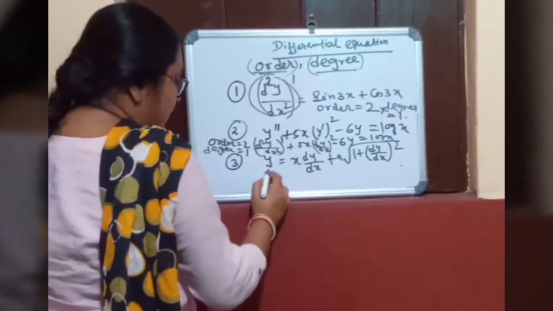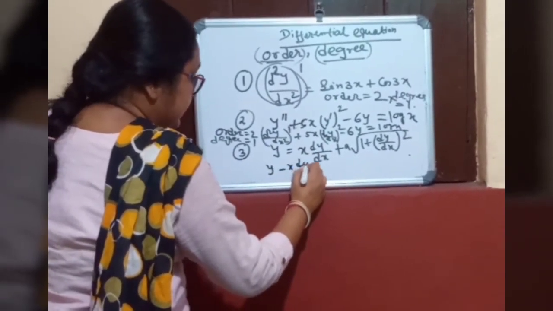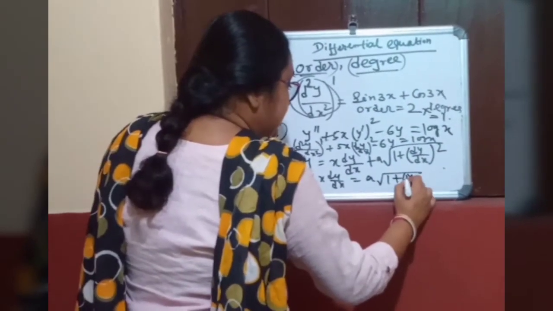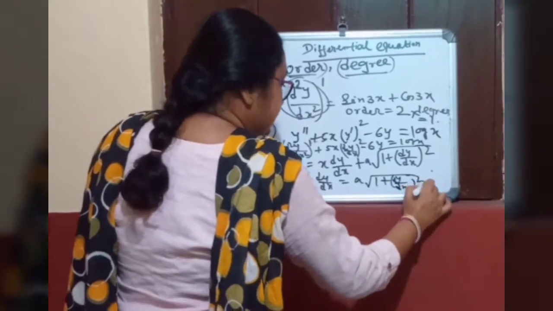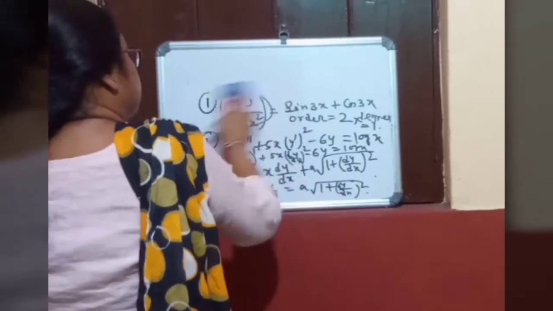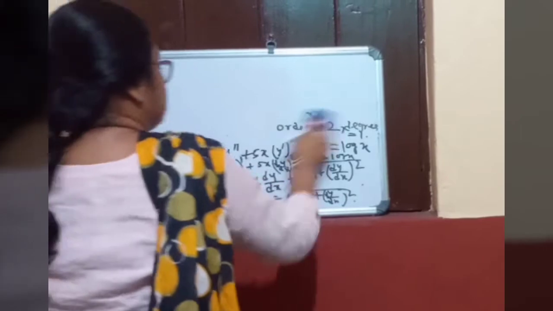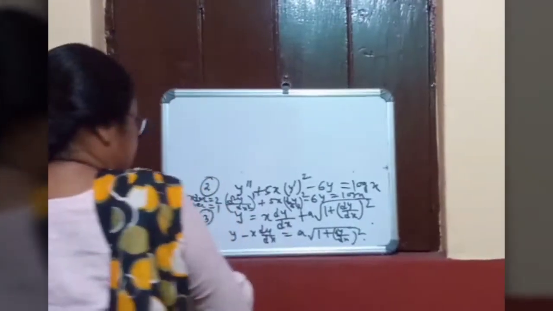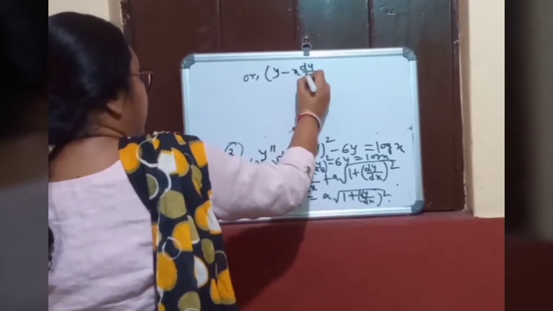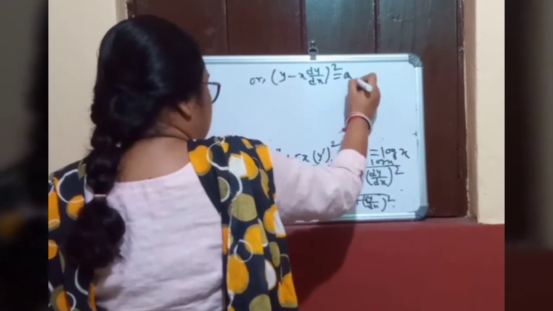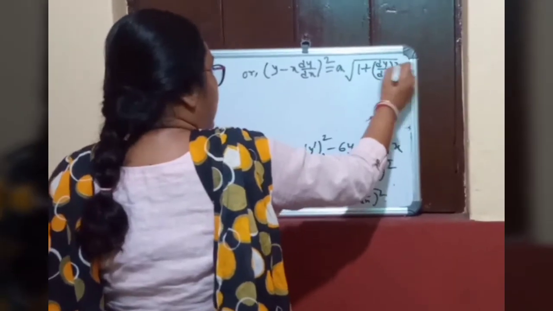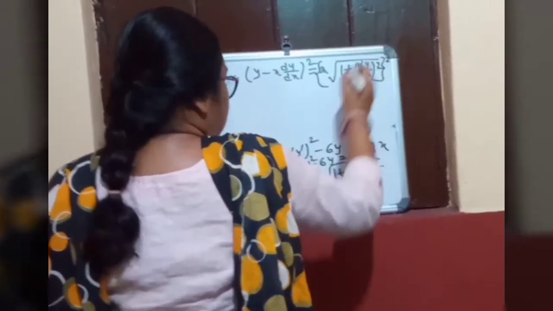And the third one, you may write it in this way: y − x dy/dx = a√(1 + (dy/dx)²).